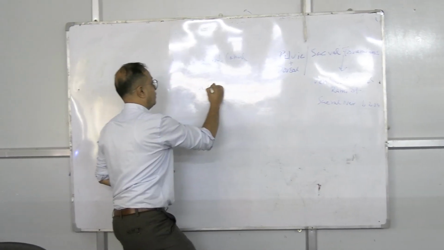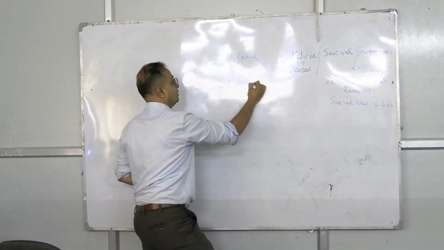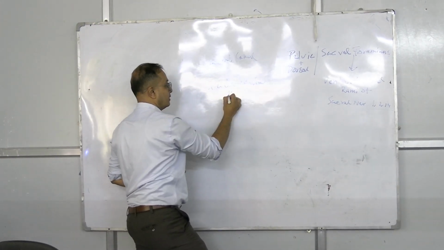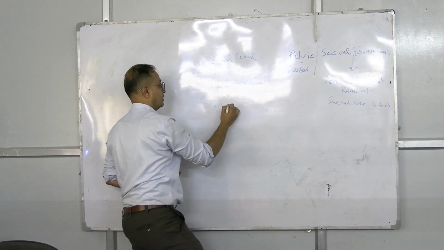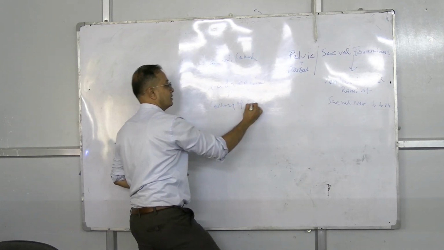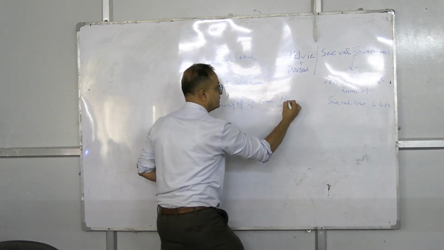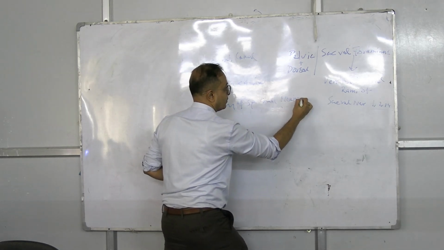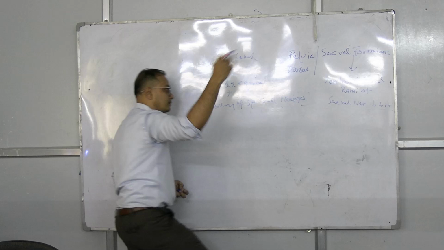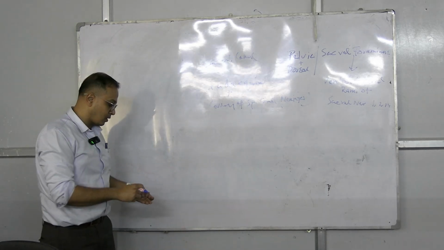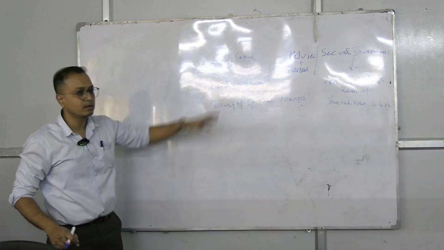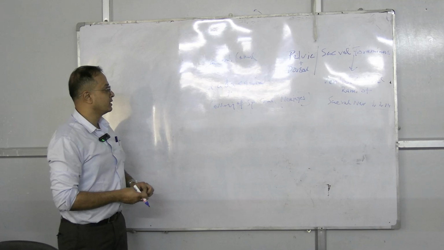we have cauda equina plus the covering of the spinal cord. At this level we just call it meninges. When we talk about the spinal cord and the covering of it, we will learn the detail of it. I am not keeping it simple right now.